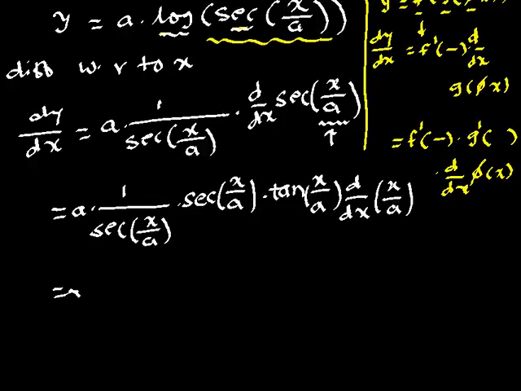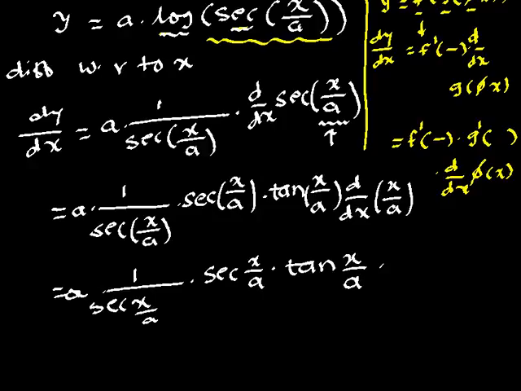So it will be a into 1 upon sec x upon a into sec x upon a into tan x upon a into, now the derivative of x upon a, which will be 1 upon a, as a is a constant, into the derivative of x, which is 1.